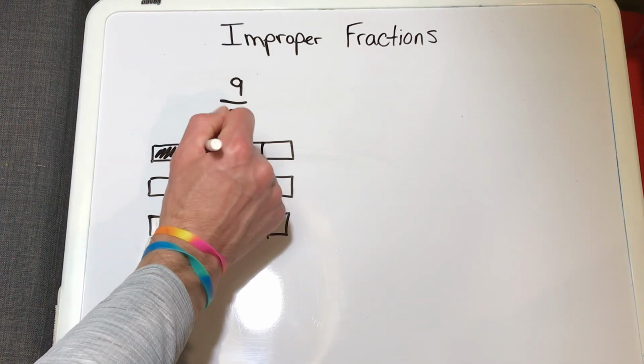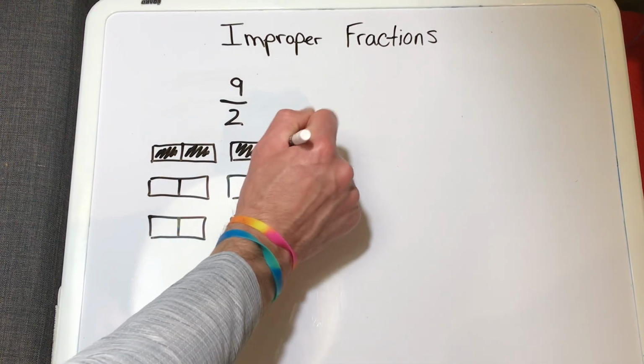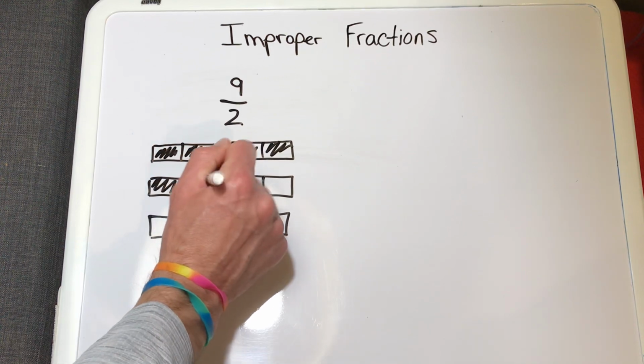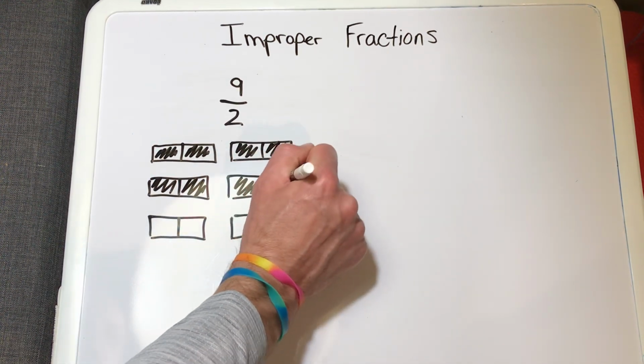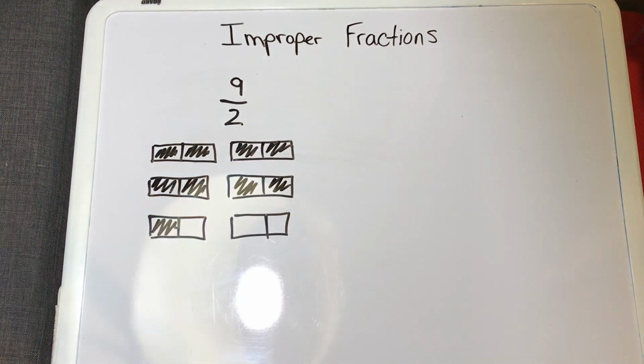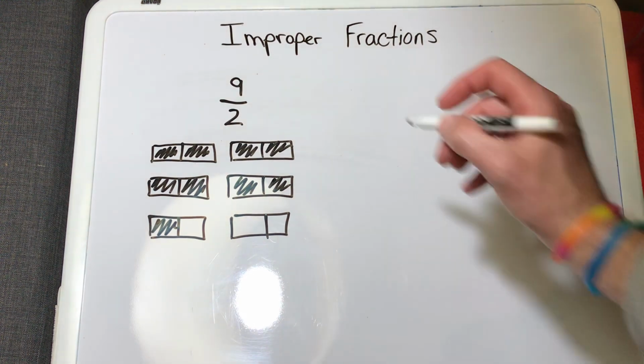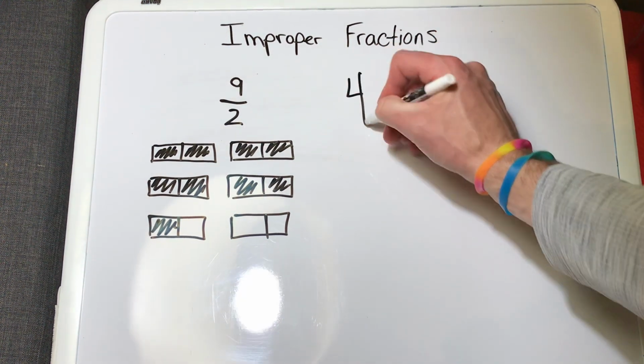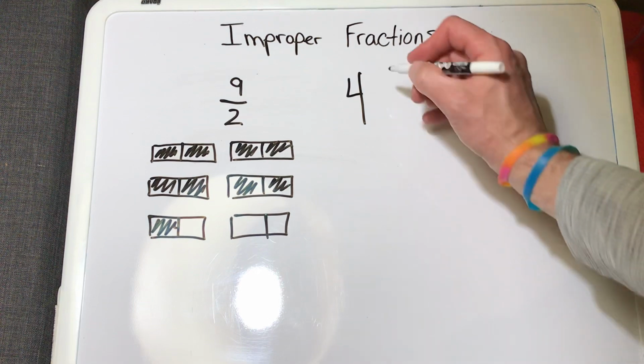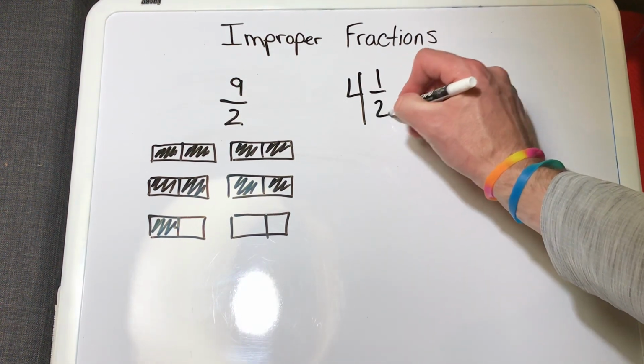So I've got 1, 2, 3, 4, 5, 6, 7, 8, and 9. Now when I think about this in terms of whole chocolate bars and half chocolate bars, instead of saying I have 9/2, I can say I've got 4 whole chocolate bars and a half. And we write that like this, with a big 4, because that's how many whole chocolate bars I have, and I have one more half.